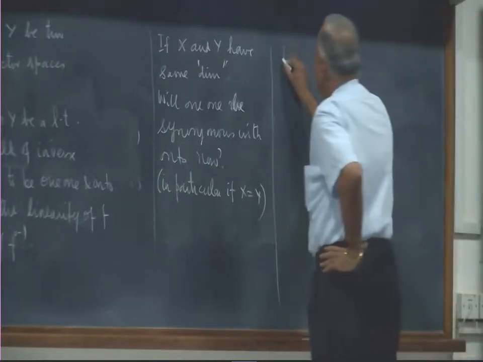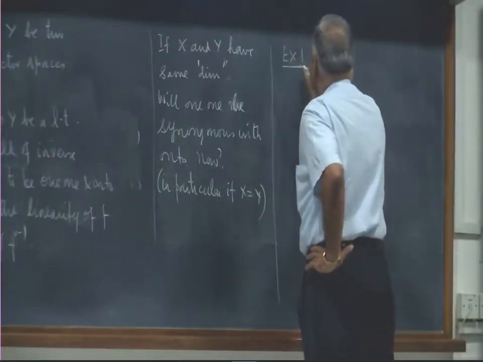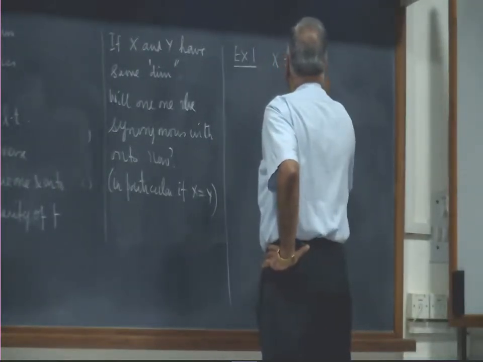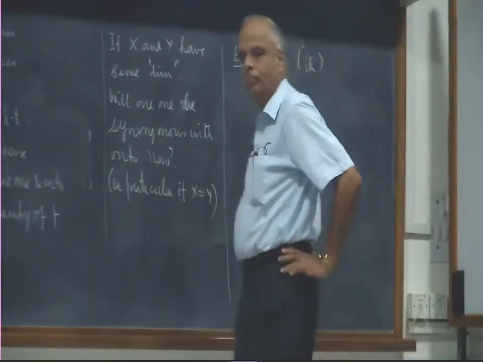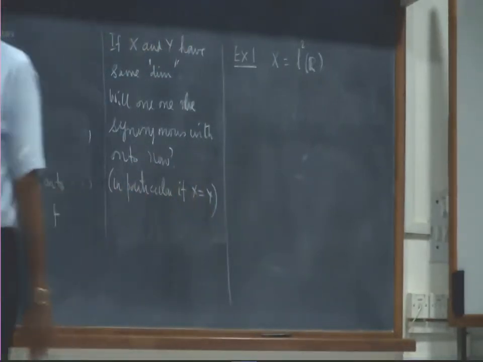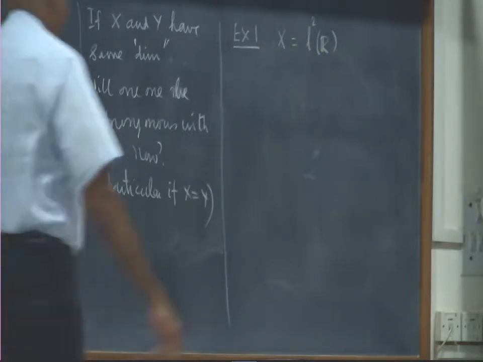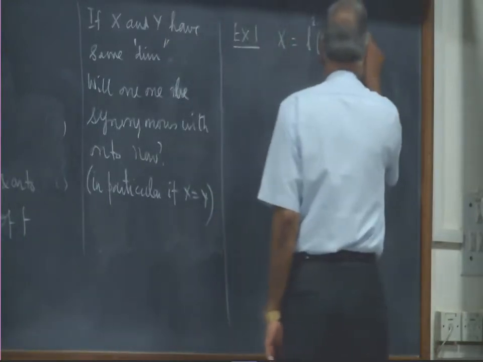So let's take example 1. Let's take x to be our L2R. This is the infinite sequences such that the sum of the squares of the components is less than infinity, and take that to be equal to y.